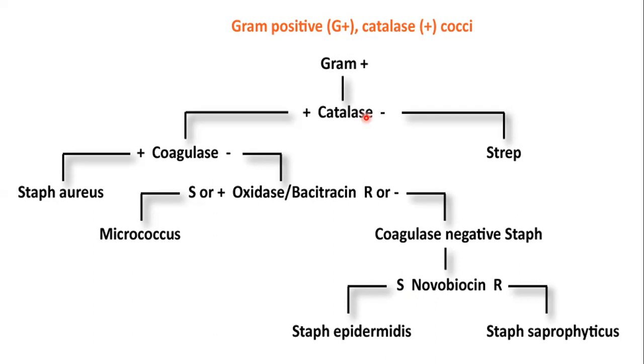Now, the genus giving us a negative catalase test, meaning the genus is negative because it does not contain any catalase enzyme, is your Streptococcus, whereas the genus having catalase, and so positive for catalase test, is the genus Staphylococcus.